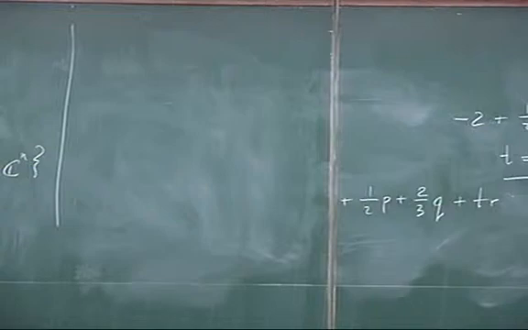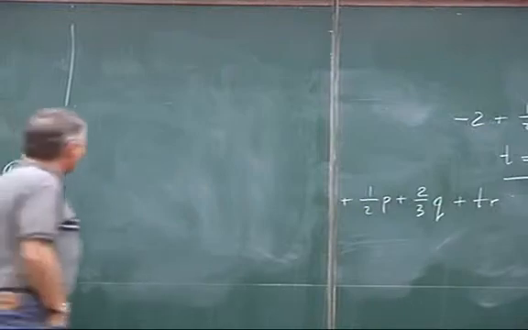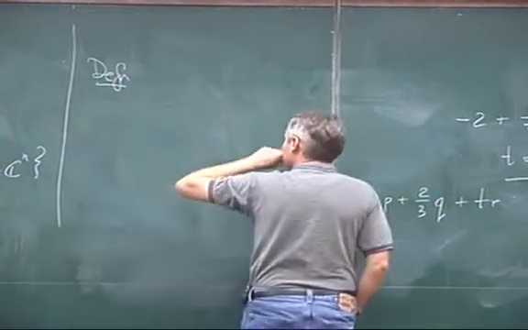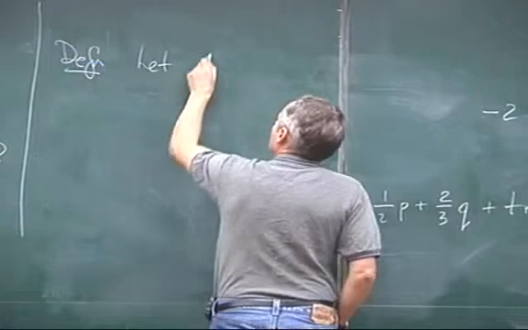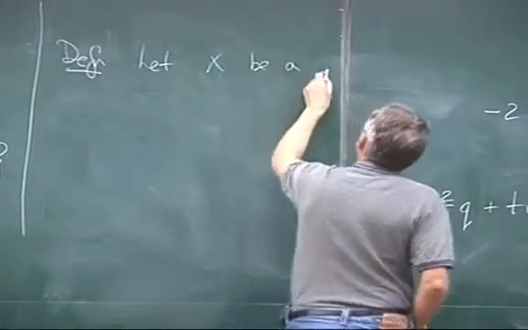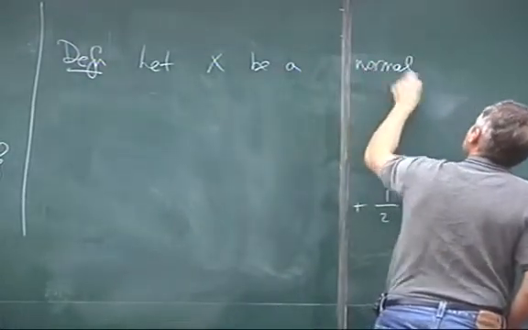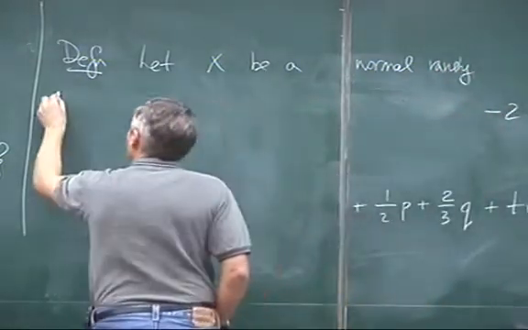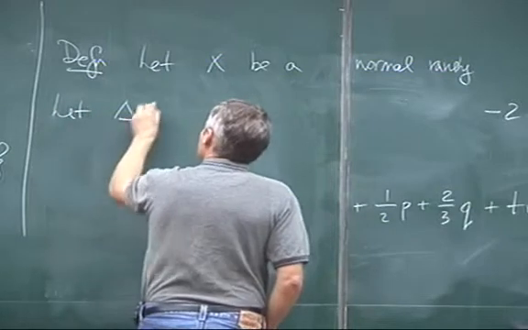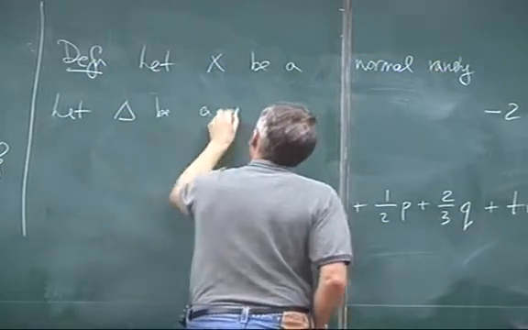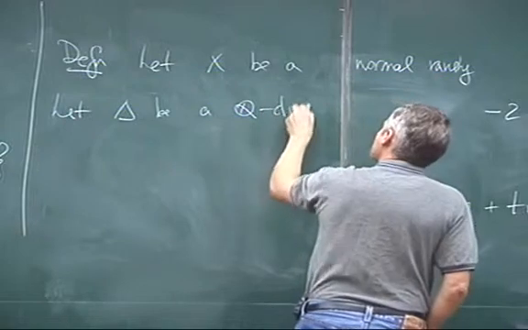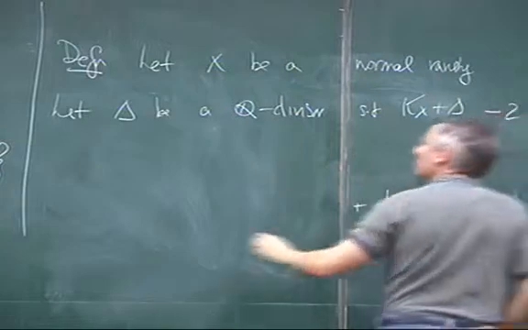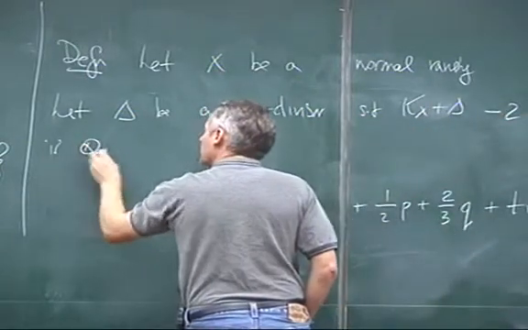So I just want to think about what sort of generality I want to define this in. Okay, so definition: let X be a normal variety, let delta be a Q-divisor such that K_X plus delta is Q-Cartier.